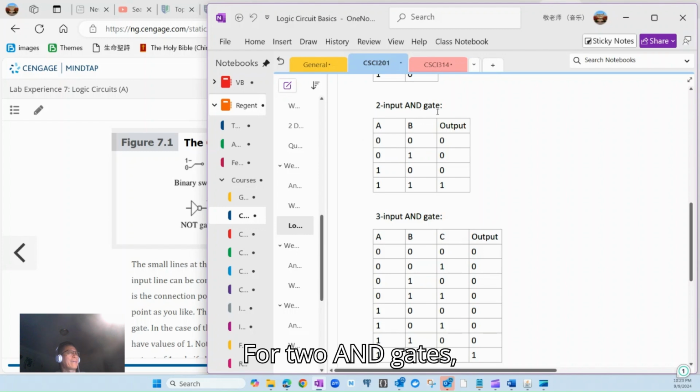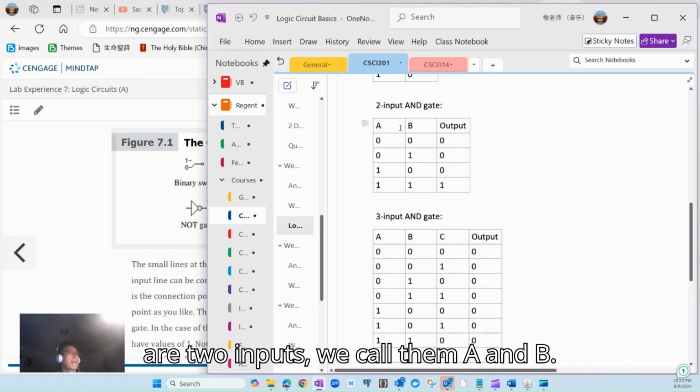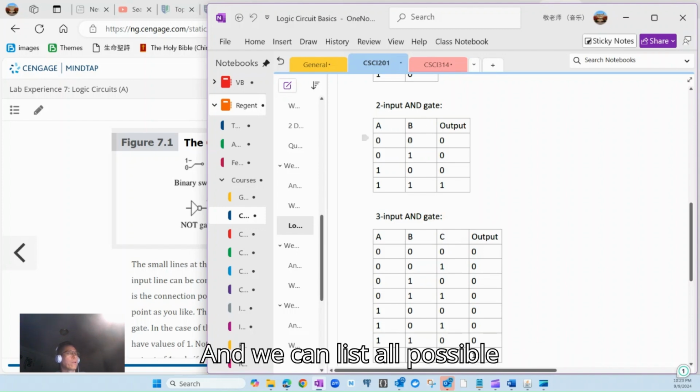For the 2-input AND gate, that means there are two inputs. We call them A and B. And we can list all possible combinations of A and B. They can be A0 B0, A0 B1, A1 B0, A1 B1. Only four possible combinations of input.